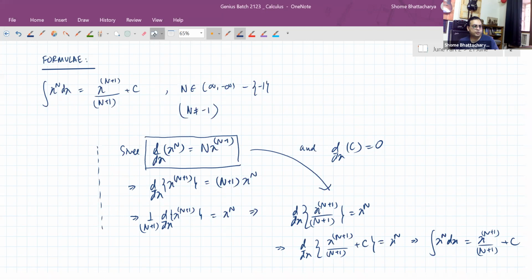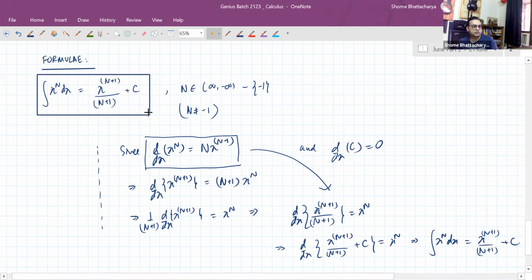But more importantly, anytime we have a term which is a power of x other than power minus 1. Now we'll discuss what happens when power is minus 1 also. But as you can see, this operation cannot be applied to n equal to minus 1, because it will give us an undefined value.